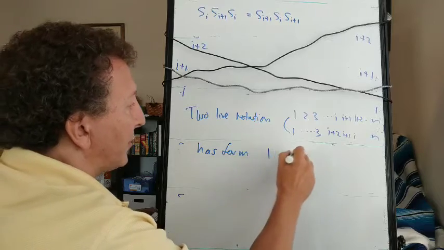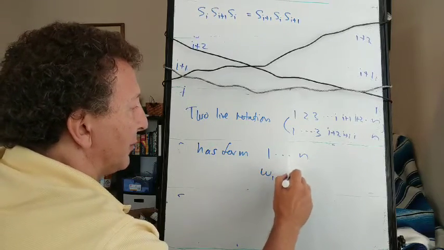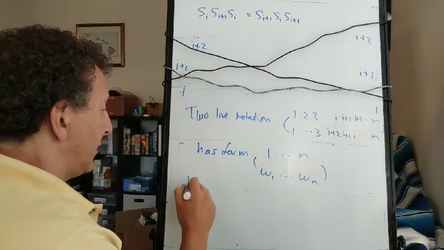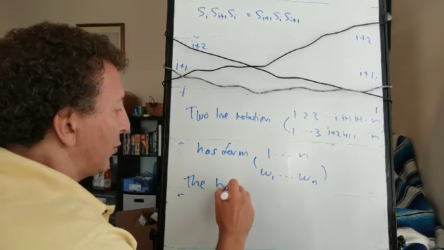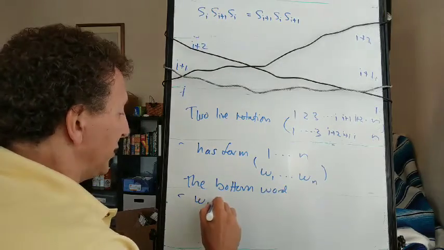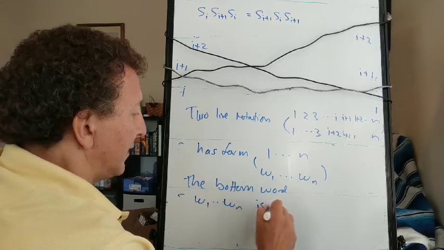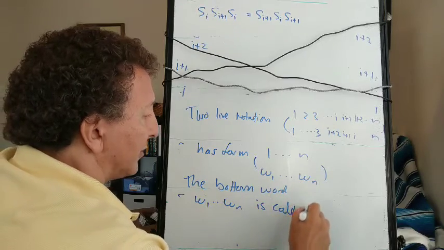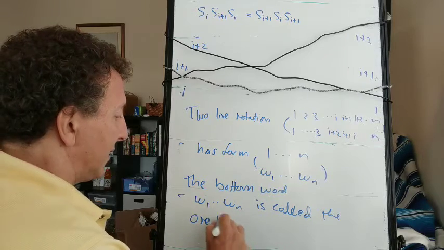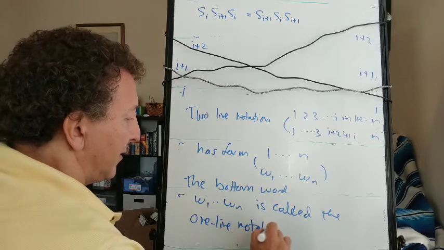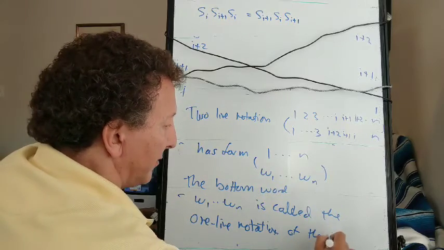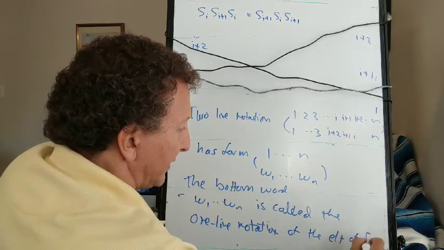This has the form 1 through n on top, and then some rearrangement of 1 through n on the bottom. The bottom word, just w_1 through w_n, is called the one-line notation of the element of S_n.